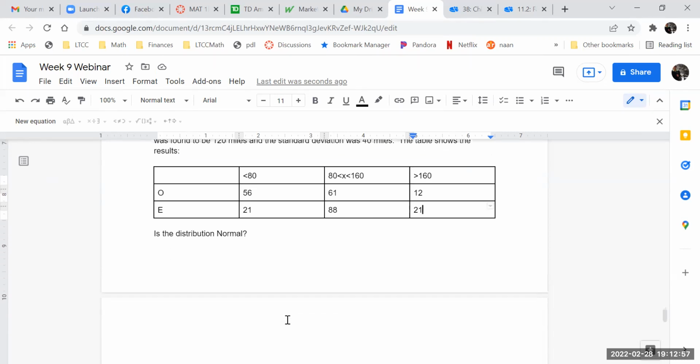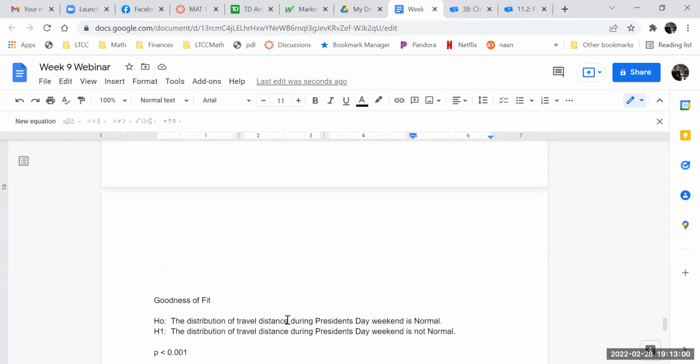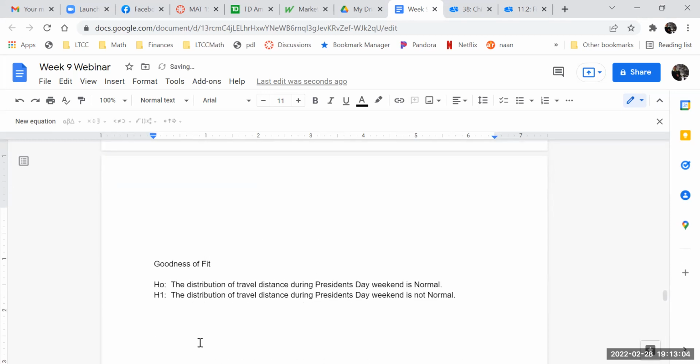So we can write down our null hypothesis and alternative hypothesis. The null hypothesis is it's goodness of fit, so it has to have the word distribution. The distribution of travel distance during President's Day weekend is normal. And H1 is the distribution of travel distance during President's Day weekend is not normal. Any questions on that?